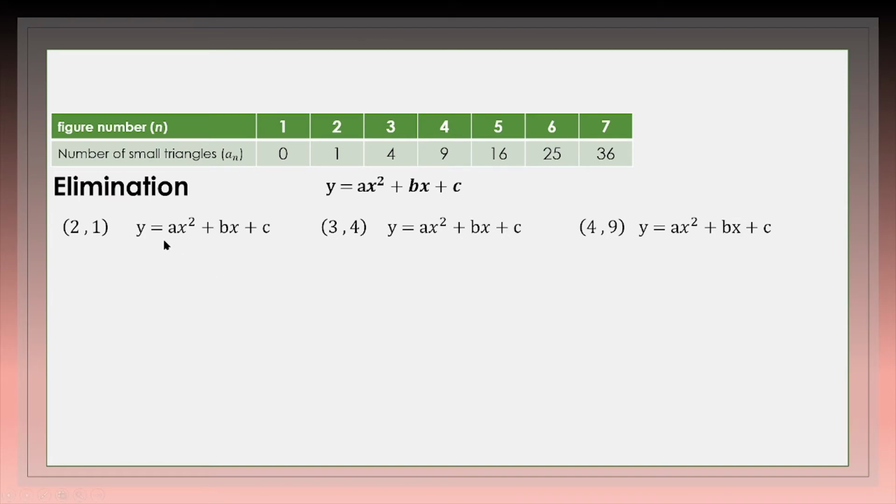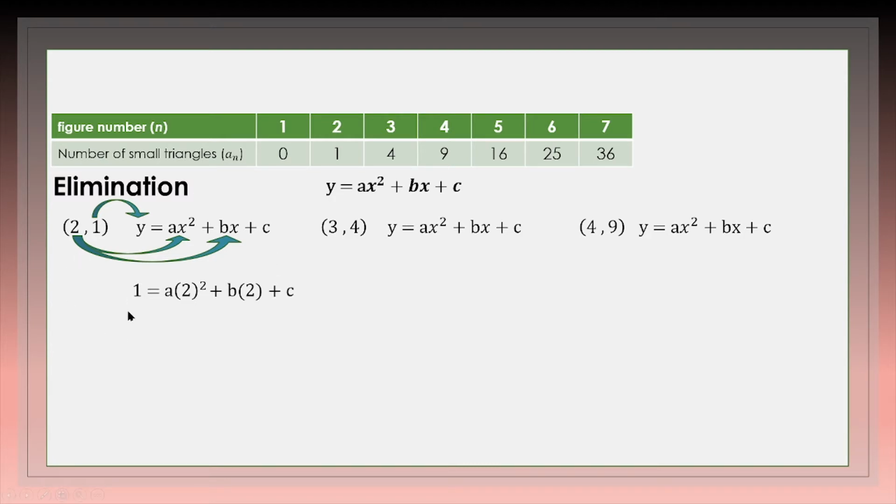So, the value of y is 1. So, substitute lang natin yan. So, 1 is equal to, the value of x is 2, so it will become a times the quantity of 2 squared, then plus b times 2, then yung c wala namang value, kaya plus c na lang ulit.